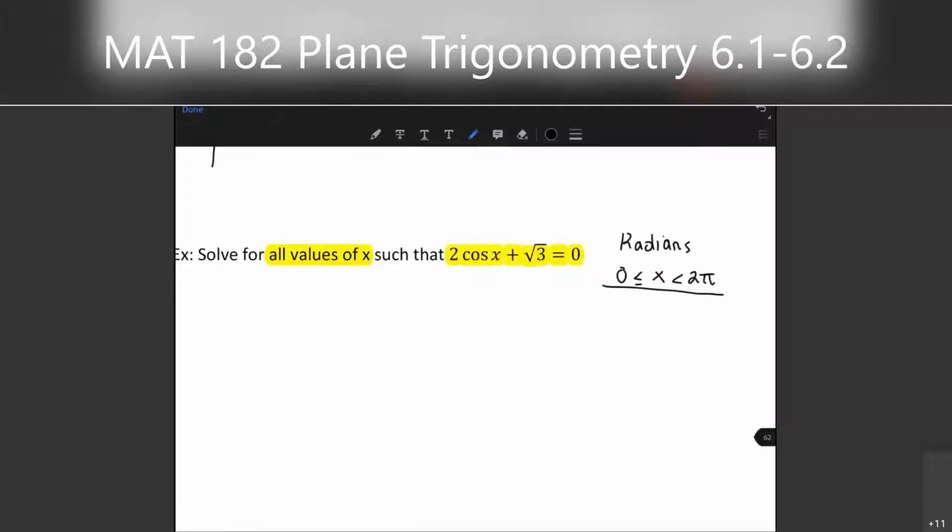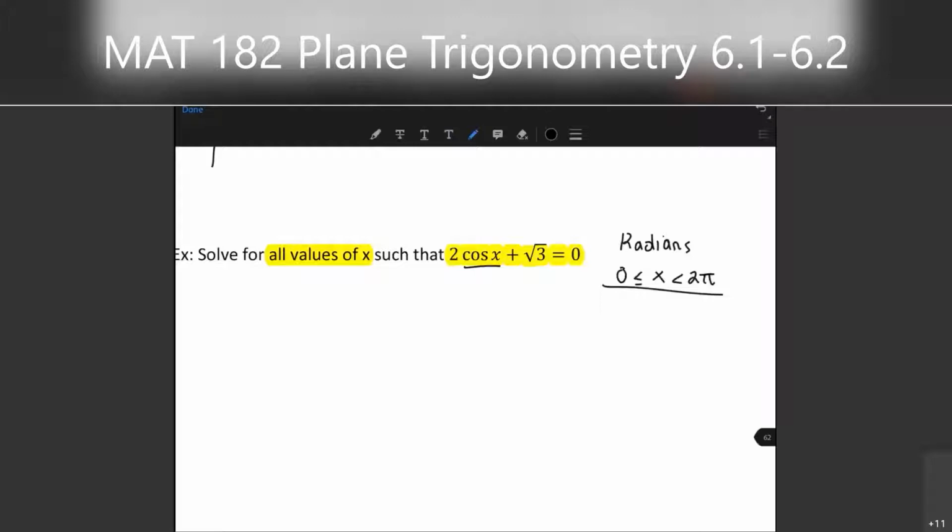Since this has a single trigonometric function, we're going to solve for, in this case, cosine. Then we work to find two solutions in our first round of the unit circle, and then work with coterminal angles.